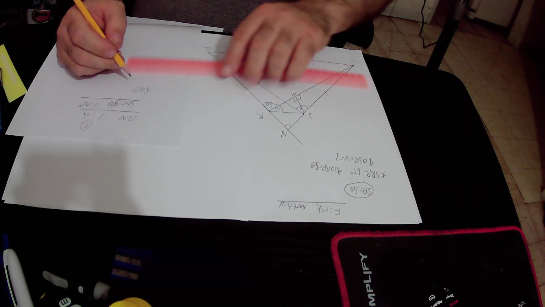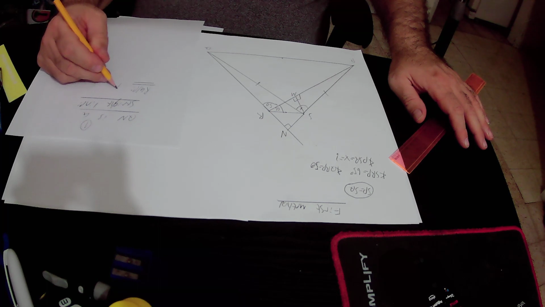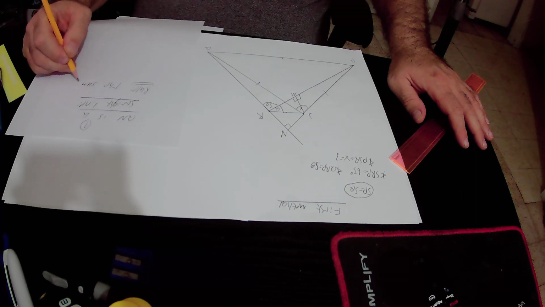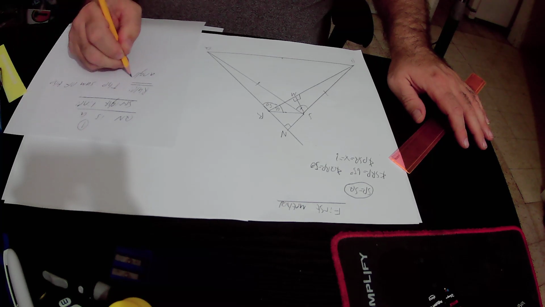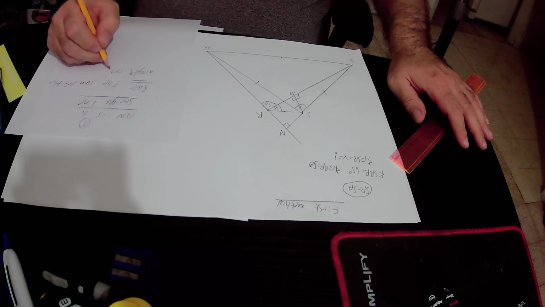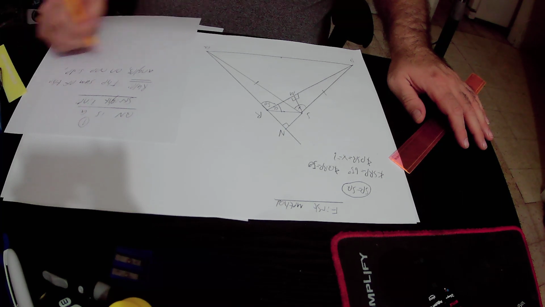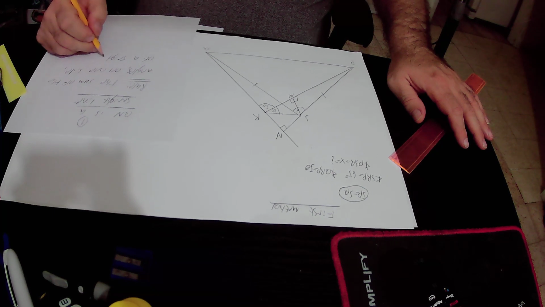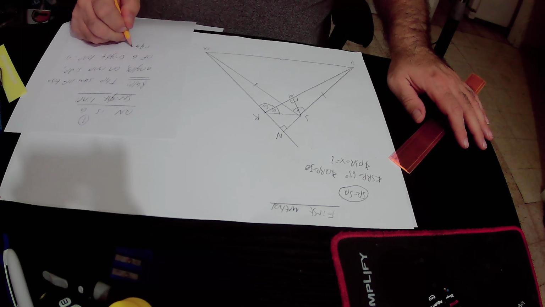The rule states that the sum of the angles on one side of a straight line is equal to 180 degrees.